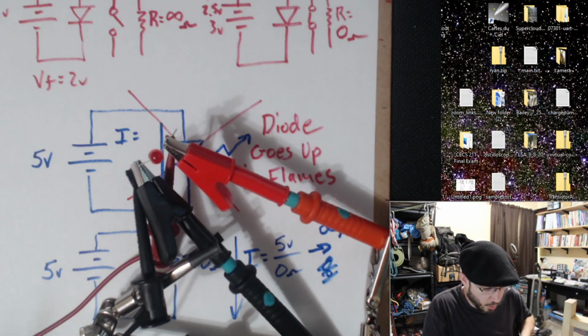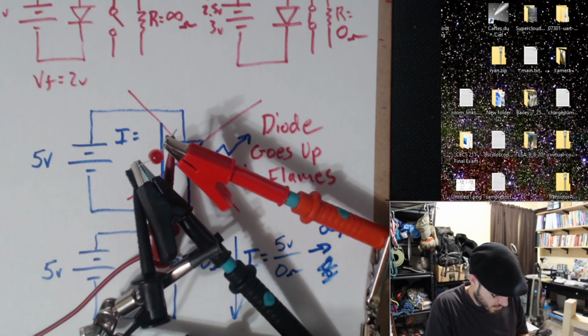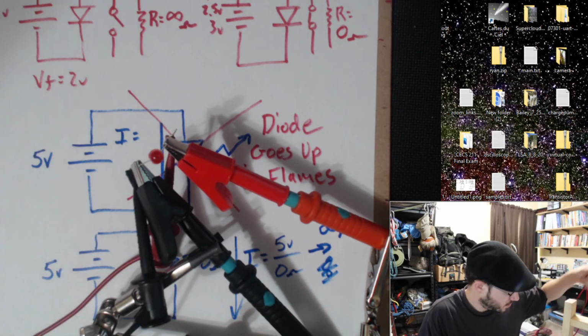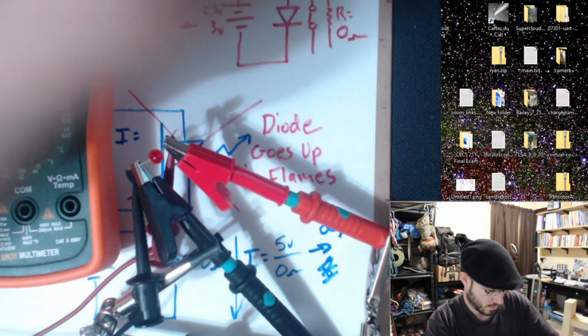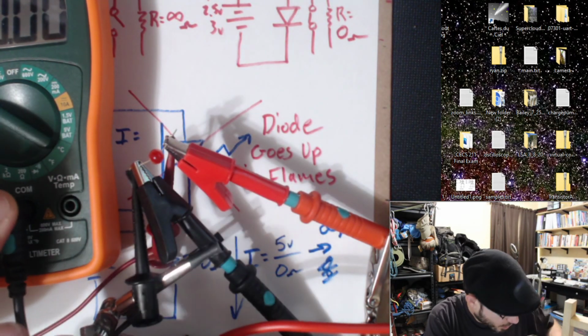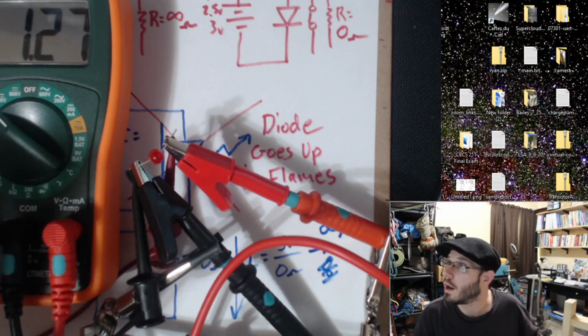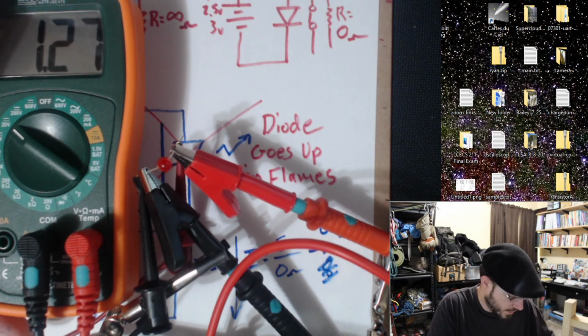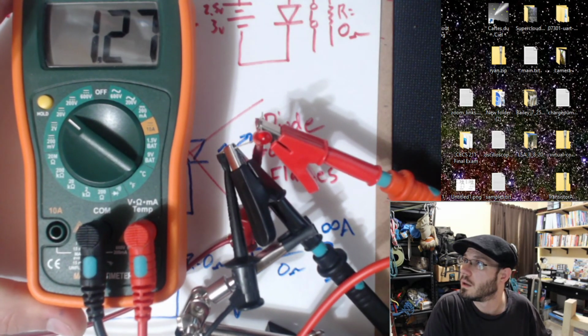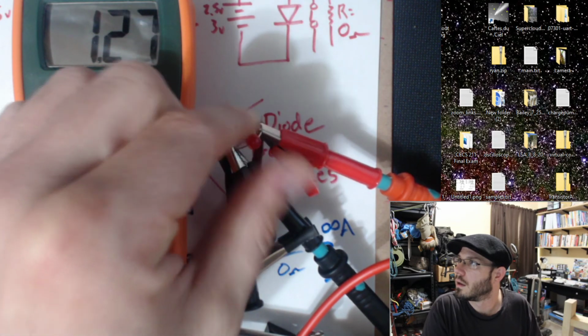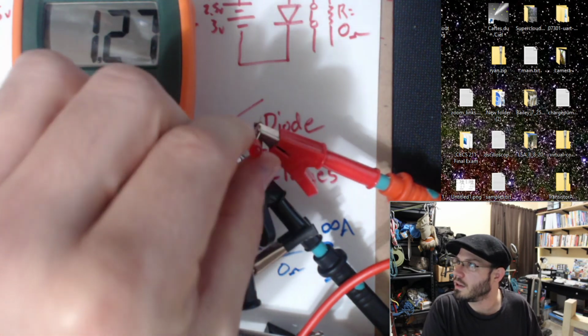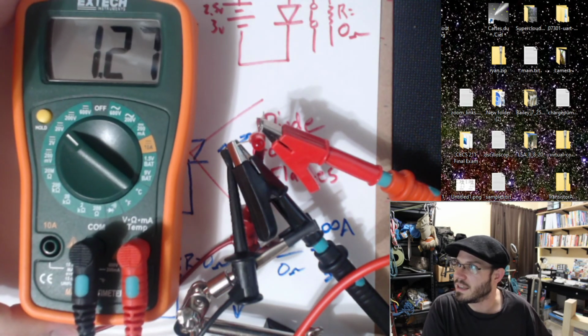I'm going to use my smaller multimeter so I can fit it onto the screen. Black probe always connects to the common. Red probe always goes to whatever quantity you are measuring. In this case, I am measuring volts. And now, hopefully, you have a good view of my diode that I'm about to send up into flames.